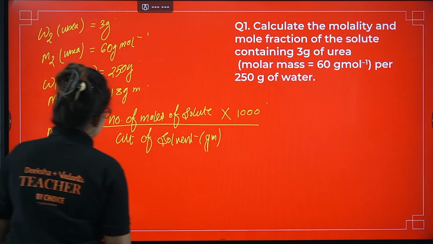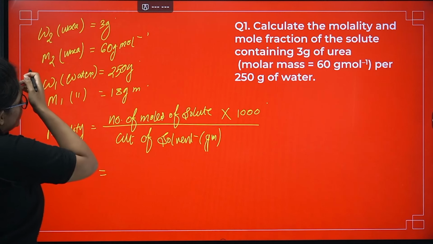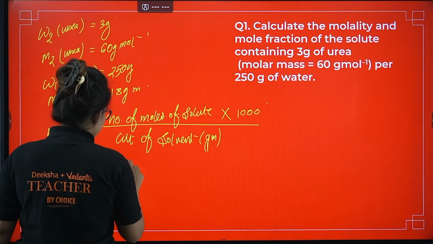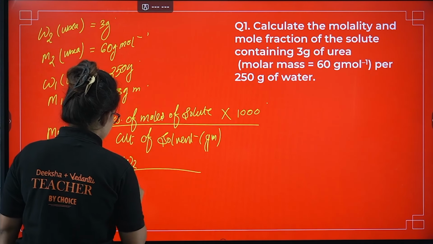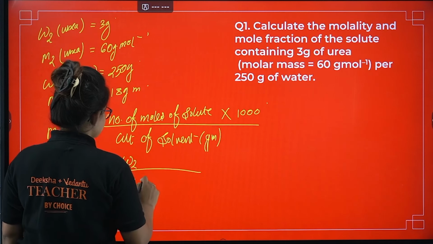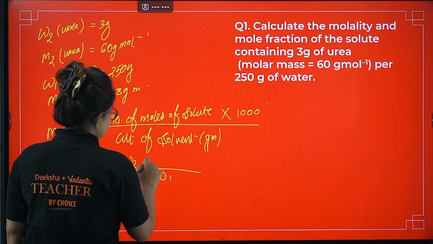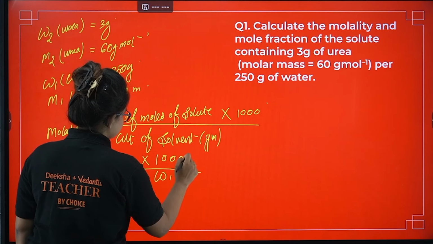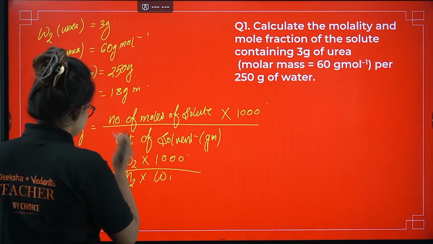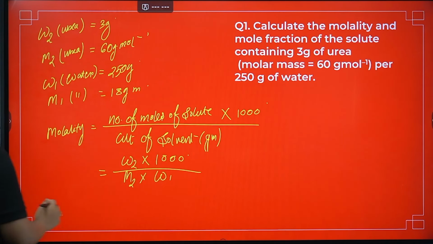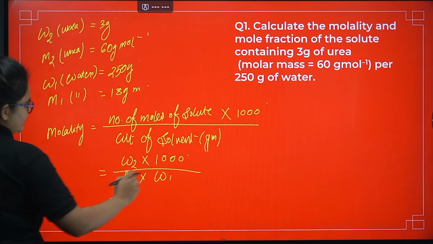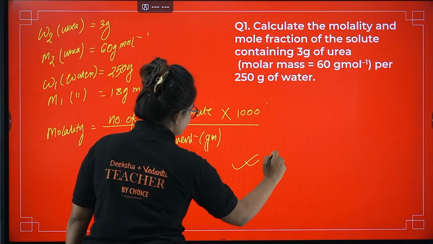That is the formula. Further, number of moles of solute we can break down to given mass by molecular weight, into weight of solvent W1 here, into 1000. Okay, I guess this is clear to you. Now what we are going to do? We are going to substitute. So up to this you can ensure 1 mark.